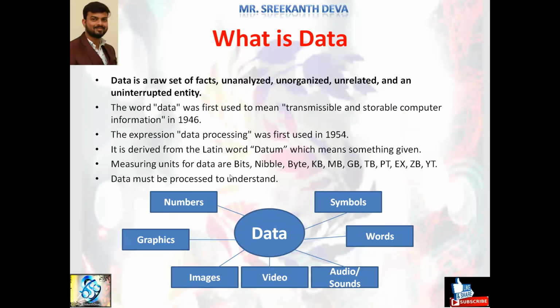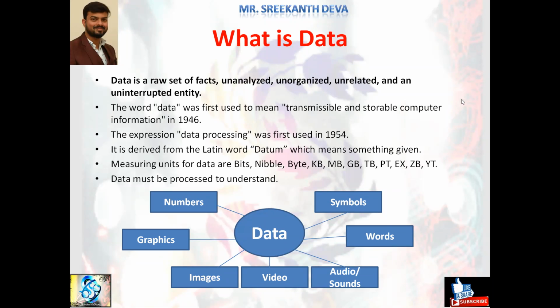Measuring units for data are bits, nibble, byte, kilobyte, megabyte, gigabyte, terabyte, petabyte, exabyte, zettabyte, yottabyte. Maybe you're all familiar with some words like kilobyte, megabyte, gigabyte, terabyte, because nowadays all are using computers and related component devices, right?